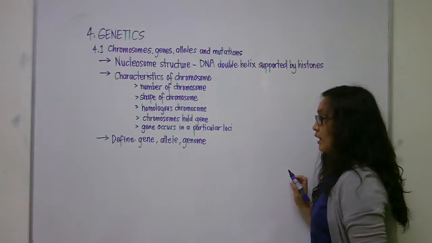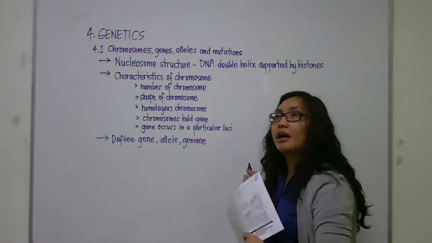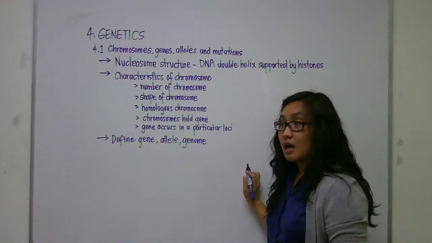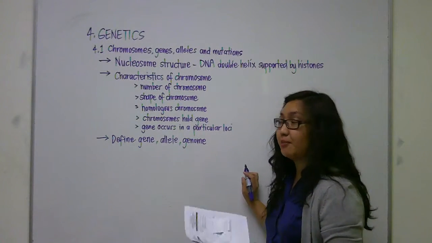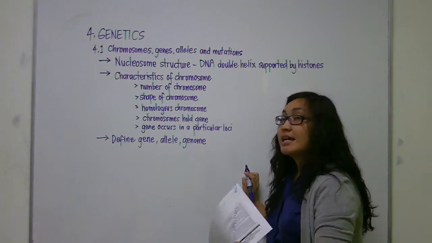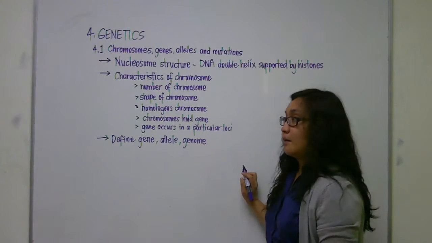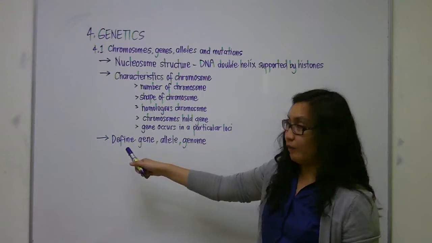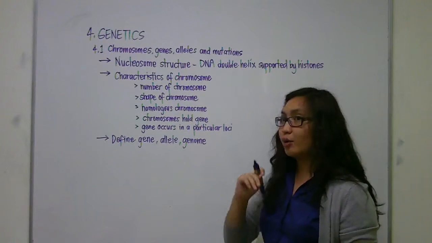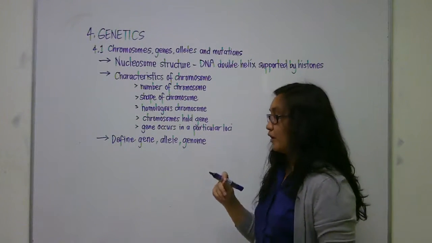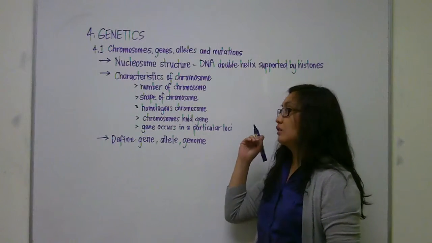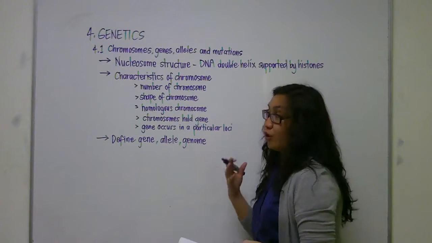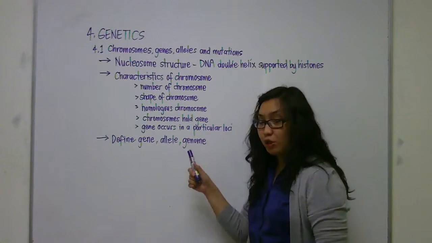Genes are specific sequences of bases that will code for a specific characteristic or a specific protein. Alleles are the alternative forms of a gene. Whereas for the genome, if we collect all genes together, the totality of the overall genes is what we call the genome.